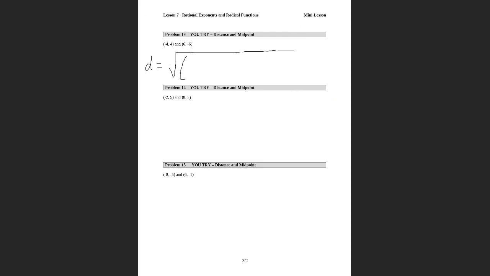So x2 is positive 6, minus x1, which is negative 4, so minus negative 4 squared, plus, where is my y2? Negative 6, minus my y1, which is positive 4 squared.